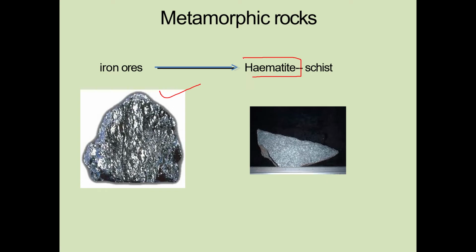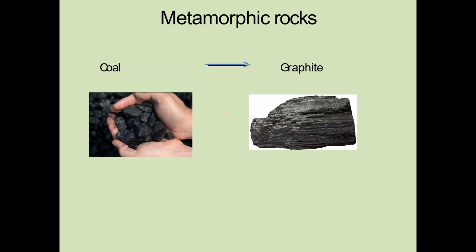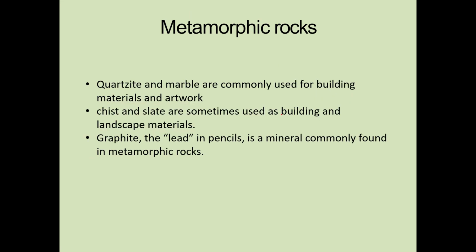Hematite is one of the important iron ores which we get in India maximum. It is also hematite schist. Gabbro, that is an igneous rock, will turn into gneiss, and that will turn into chlorite schist. Coal will turn into graphite. It is a sedimentary rock turning into a metamorphic rock.